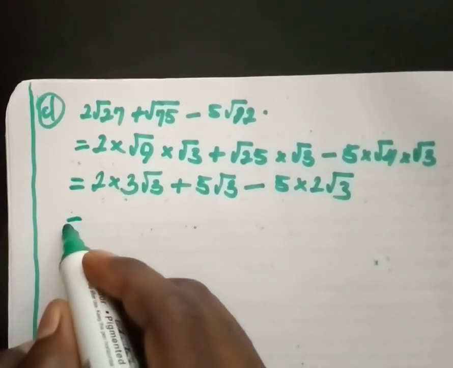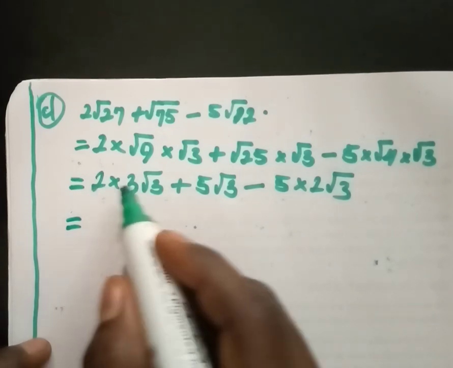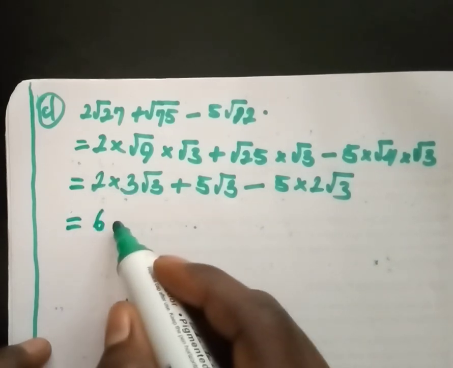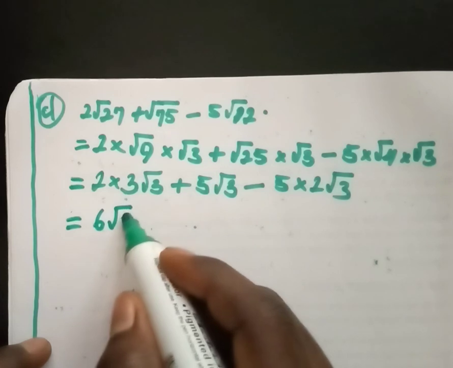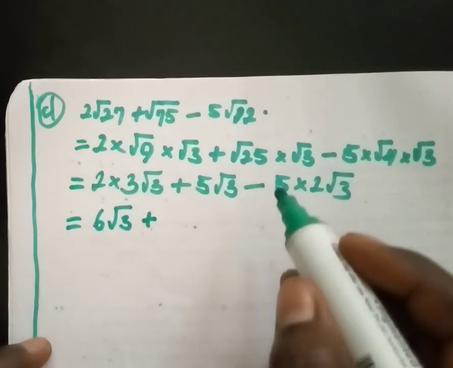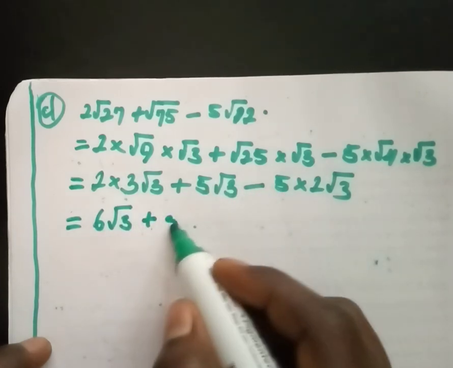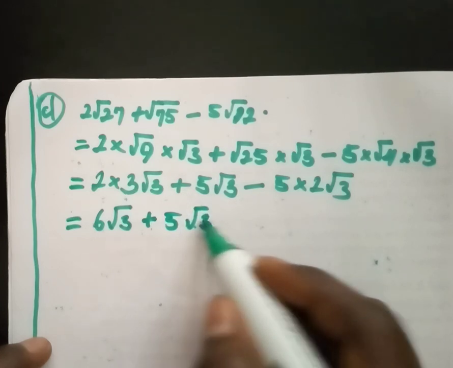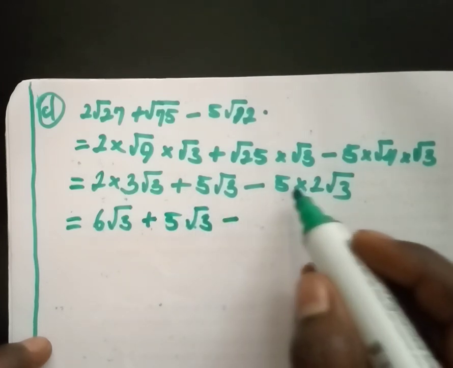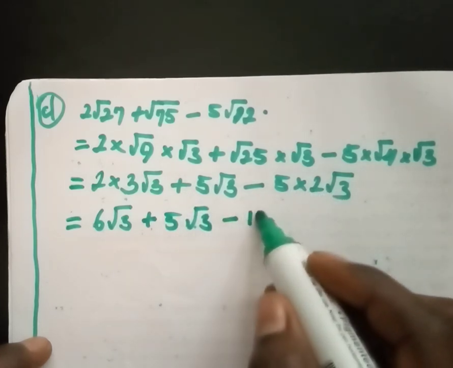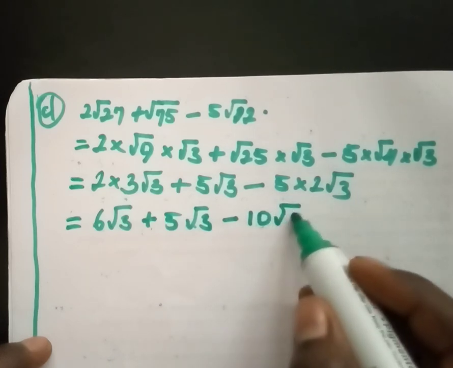This is equal to 2 times 3 will give you 6 root 3 plus 5 root 3 minus 5 times 2 will give you 10, and then root 3.